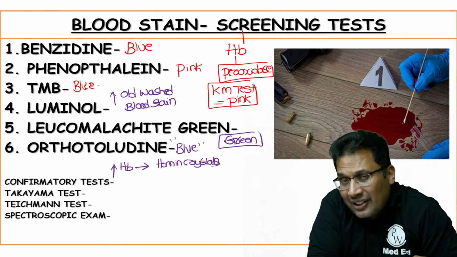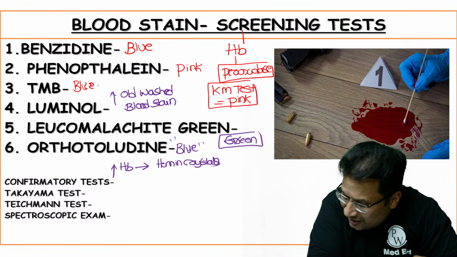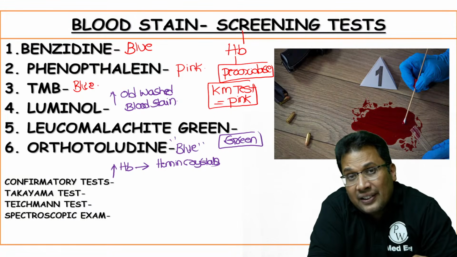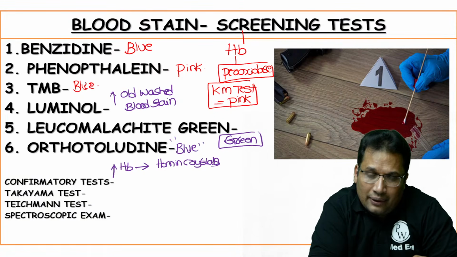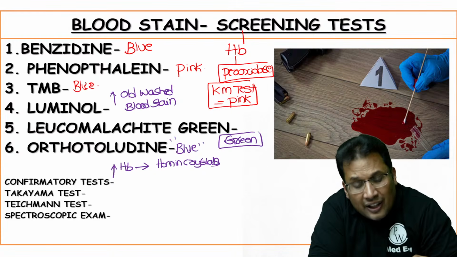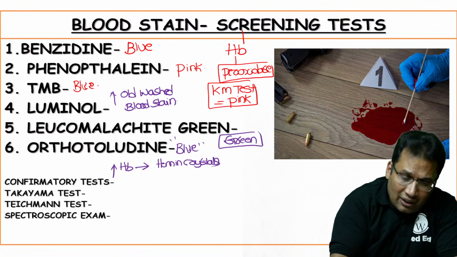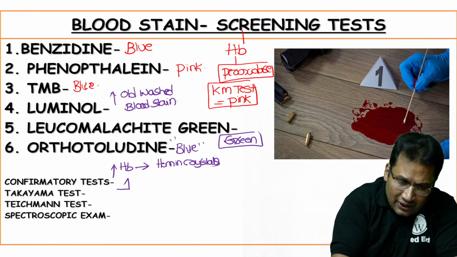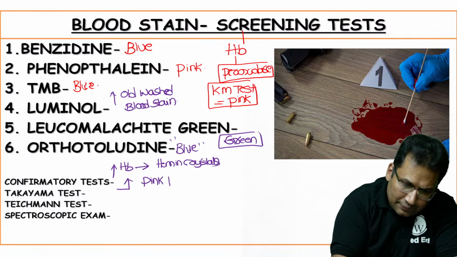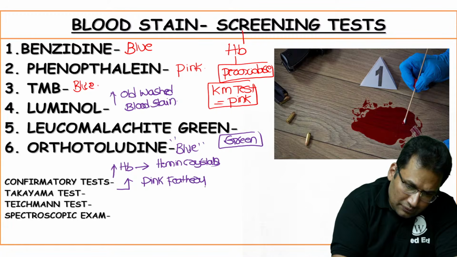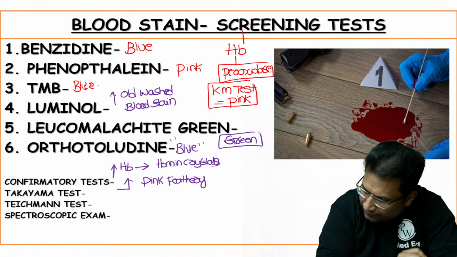When hemin crystals or hemochromogen crystals are there, it is confirmatory of blood stain. What is the color in the Takayama test? The crystals in the Takayama test are pink feathery crystals.